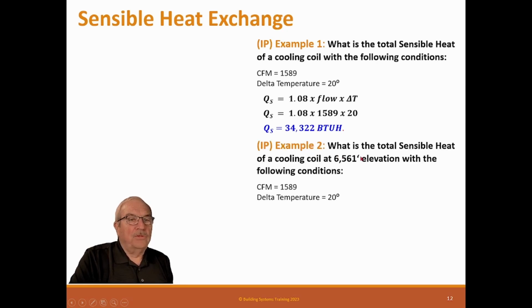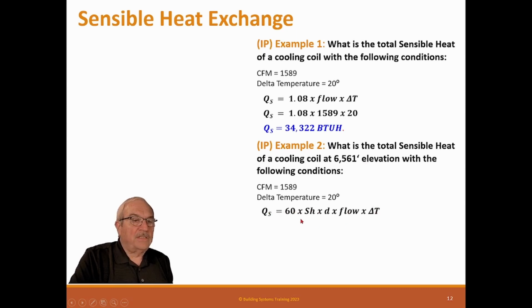So example 2, what is the total sensible heat of a cooling coil at 6,561 feet elevation with the following conditions? That's 2,000 meters in metric. So CFM is 1589 again, temperature difference is 20, but we're at 6,000 feet. So this time we're going to use the real formula, not the simple formula.